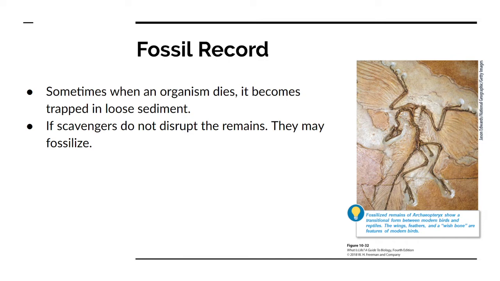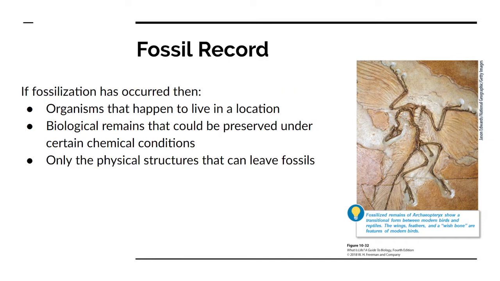It's important to remember that as we look at fossil records, only structures that can leave fossils will leave fossils. So unfortunately we don't have a fossil record for a lot of organisms like jellyfish; other soft-bodied organisms that don't leave behind hard physical remains are very difficult to find preserved specimens of in the fossil record.